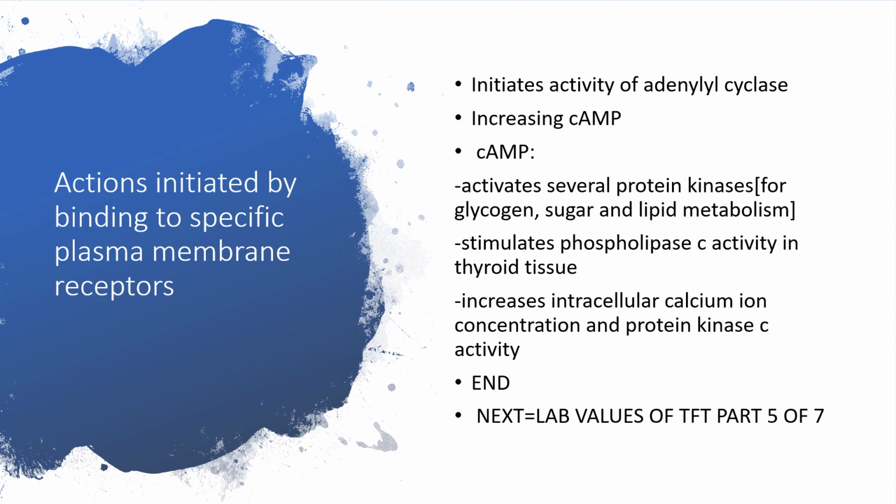And that could also lead to stimulation of phospholipase C activity in thyroid tissue itself. It might also lead to increased intracellular calcium ion concentration and protein kinase C activity.